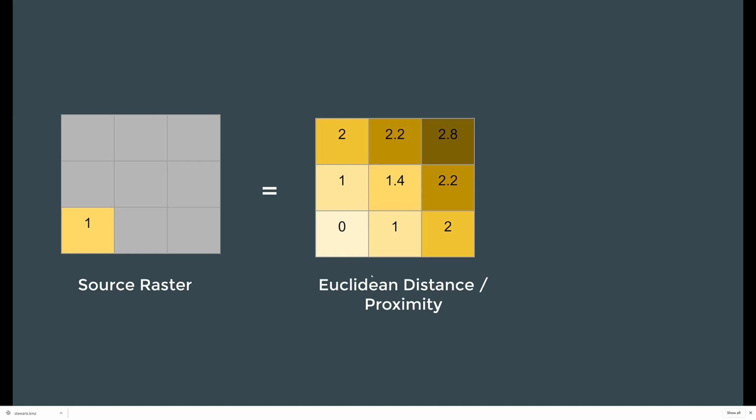When we run that proximity tool, what QGIS does is it calculates the distance from that source cell to all other cells on the map. Now, straight across in the X and Y, this is pretty straightforward to measure, right? It's just 1, 2.